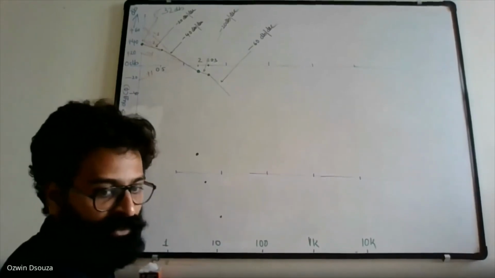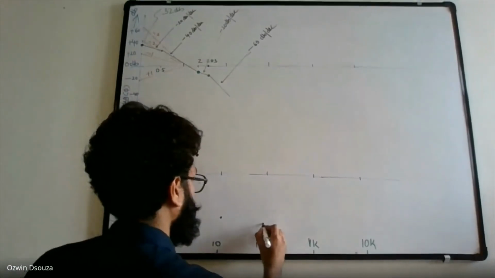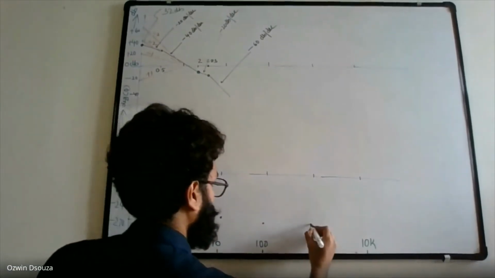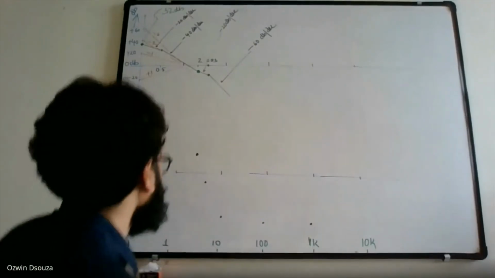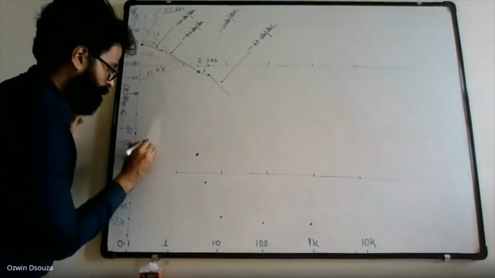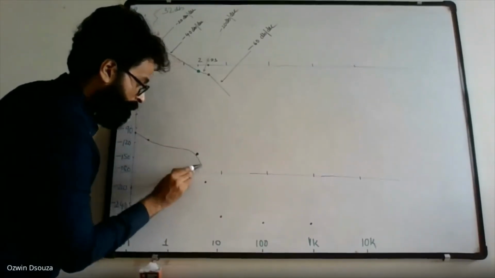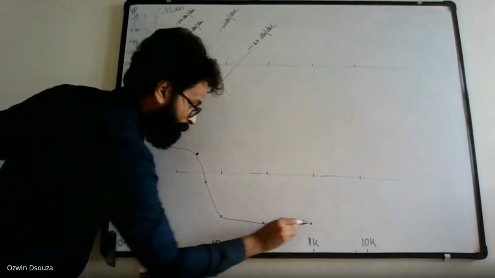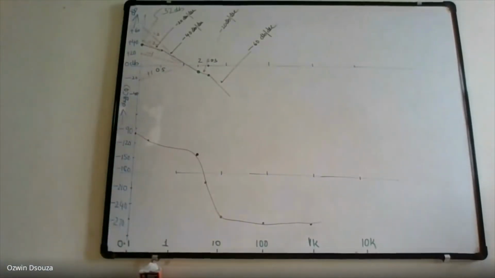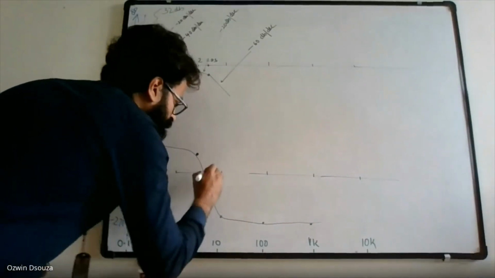And then at 100 and 1000, it is 270. Now you join the phase plot. Your phase plot.